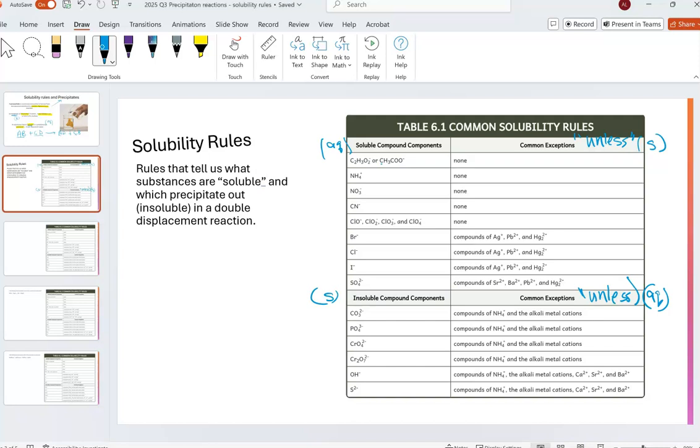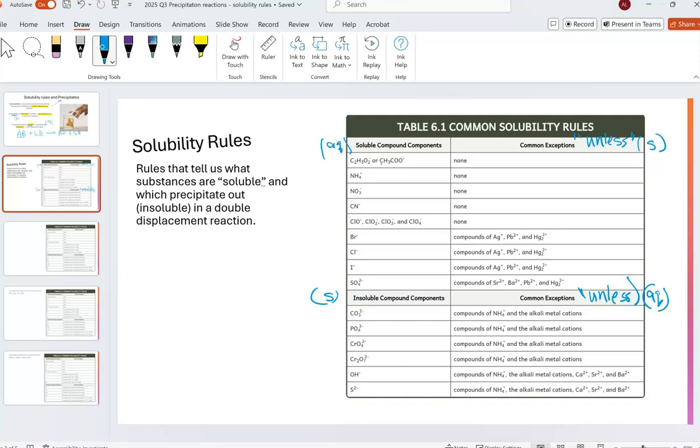The substances in the first column are going to be anions. These are going to be the second ion in a compound. Same with down here. So you're usually going to be looking at the anion, and then you're going to see what it's bonded to decide, is it aqueous or is it solid, a precipitate?